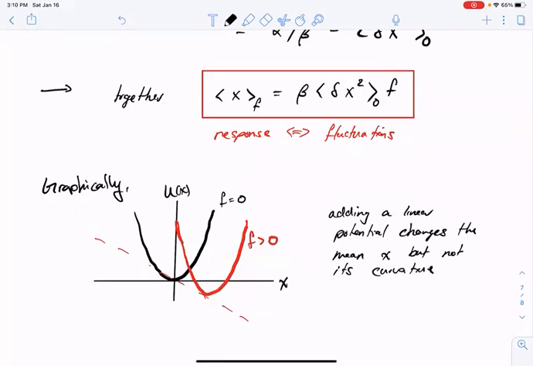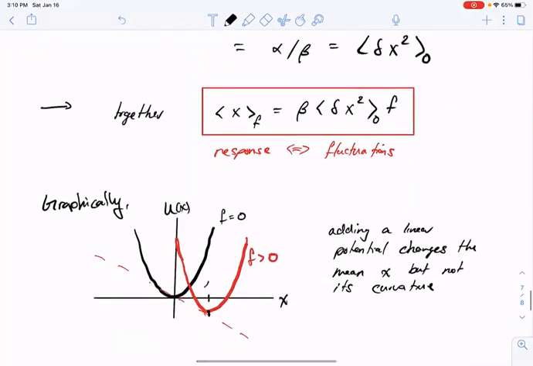The curvature, one can think about this just by completing the square, is left unchanged, but its new minima is at lower potential energy and positive x if F is constant.